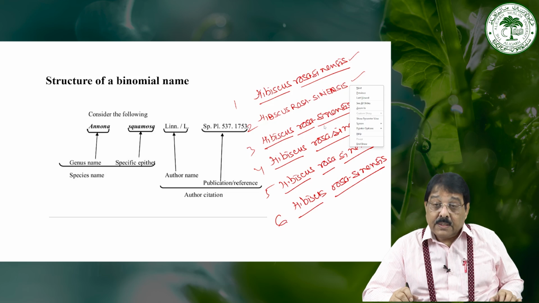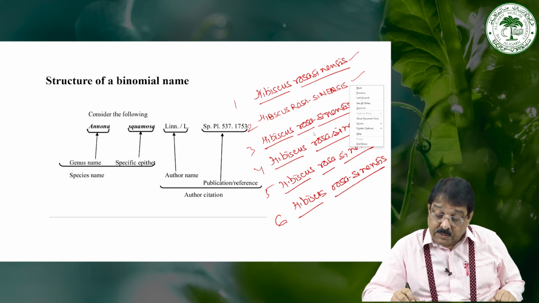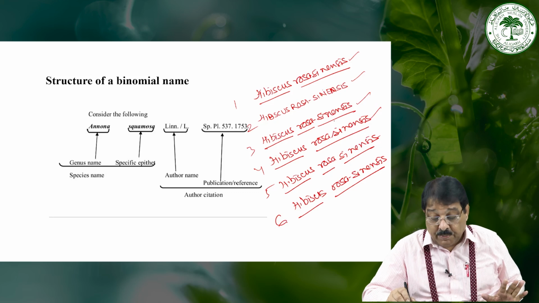If it is written in small letters, then genus and species must be underlined separately.